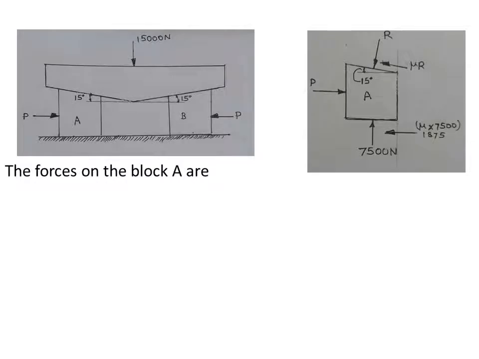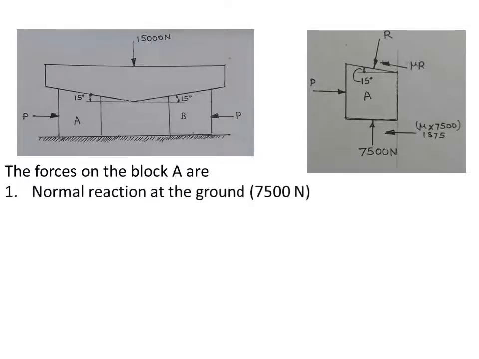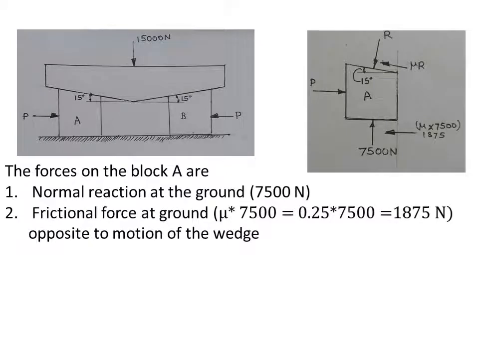The forces on the wedge A are: 1. Normal reaction at the ground, 7,500 newtons. 2. Frictional force at the ground, mu into 7,500.